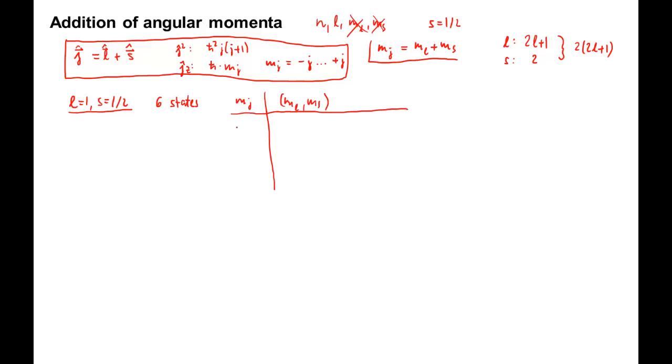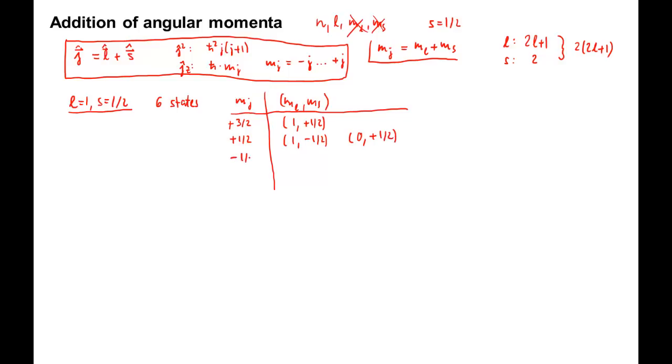The highest mj is plus 3/2. It is obtained with ml equals 1 and ms equals plus 1/2. Next, mj of plus 1/2 can be obtained two ways, either with ml equals 1 and ms equals negative 1/2, or with ml equals 0 and ms equals plus 1/2.